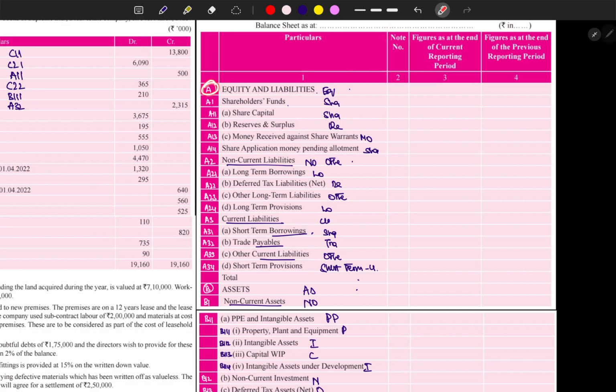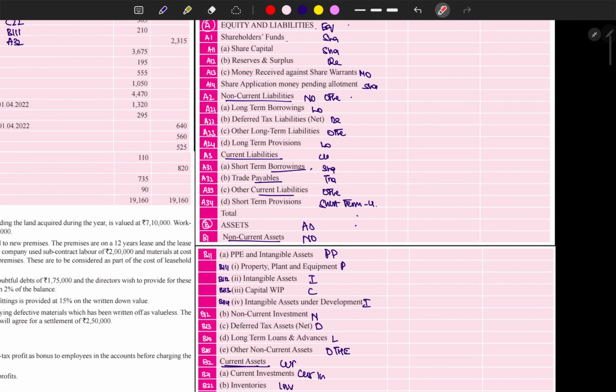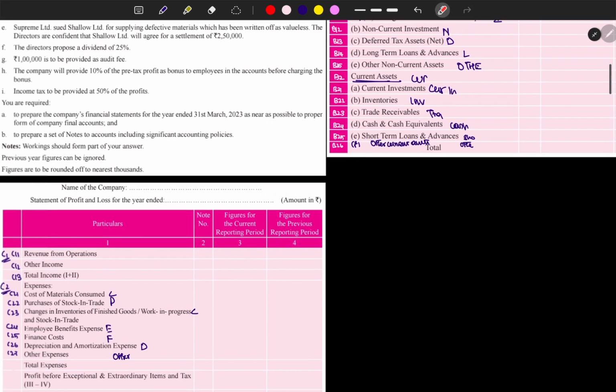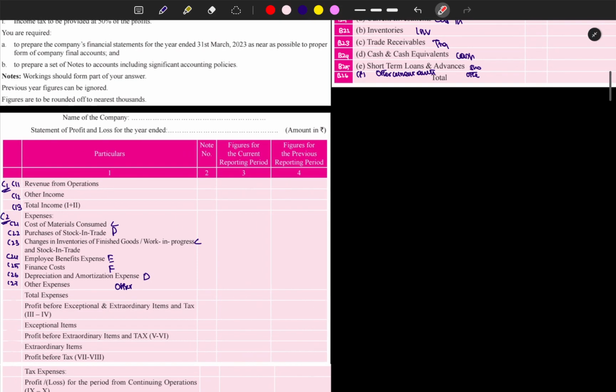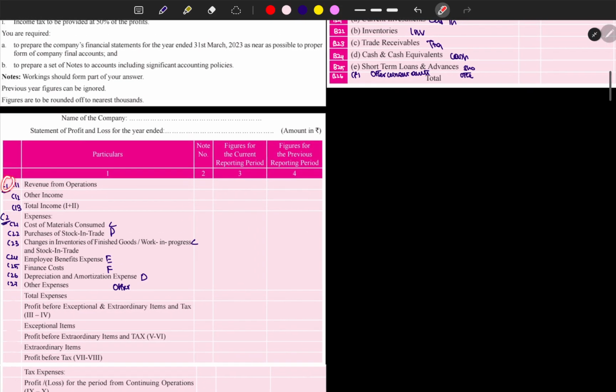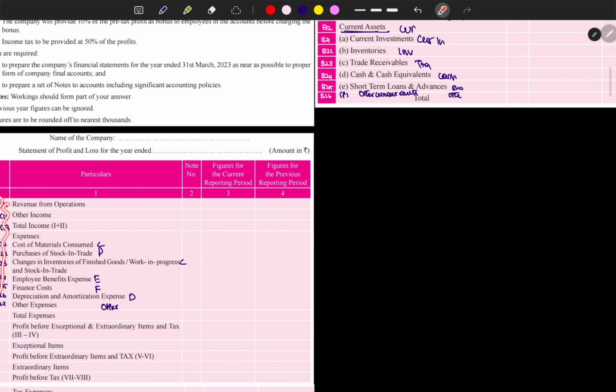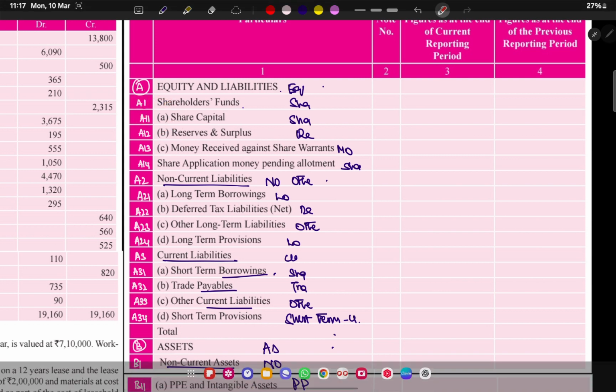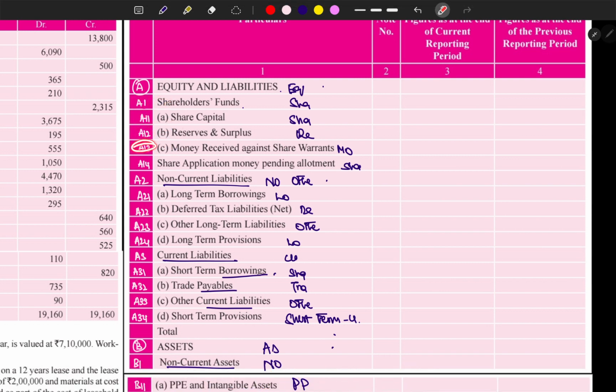For equity and liabilities, I have put A. For assets, I have denoted it as B. For income and expenses, I have denoted it as C. A1 denotes the shareholder funds. A11 share capital, A12 reserves and surplus, A13 money received against share warrants, A14 share application money pending allotment. A2 denotes non-current liabilities.